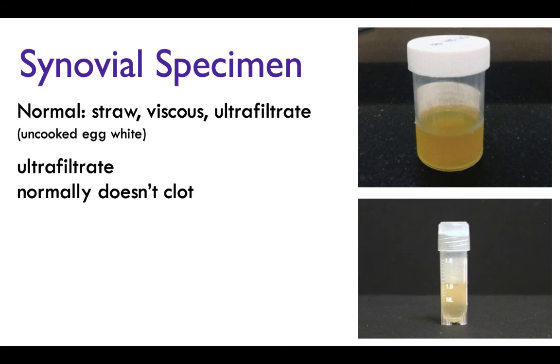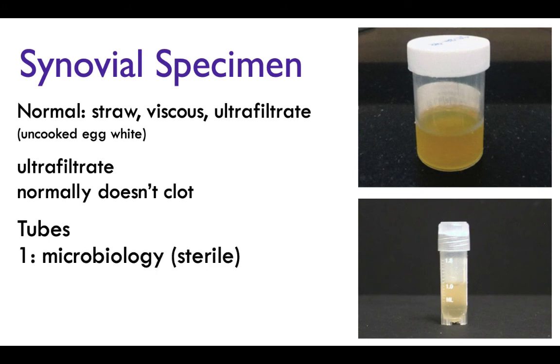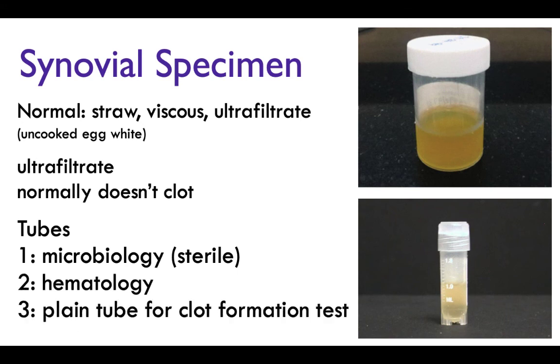Now, if it does clot, then that probably means that you've had some introduction of blood components into the synovial fluid. Fibrinogen is the protein that causes a clot, and if you have damage, it can sneak in and it can clot. So noting the presence of a clot is actually pretty important. The tubes don't necessarily have to be distributed in this order, but you will definitely have a sterile tube for microbiology, you'll have a hematology tube, and then some sort of plain tube to look for the presence of a clot.